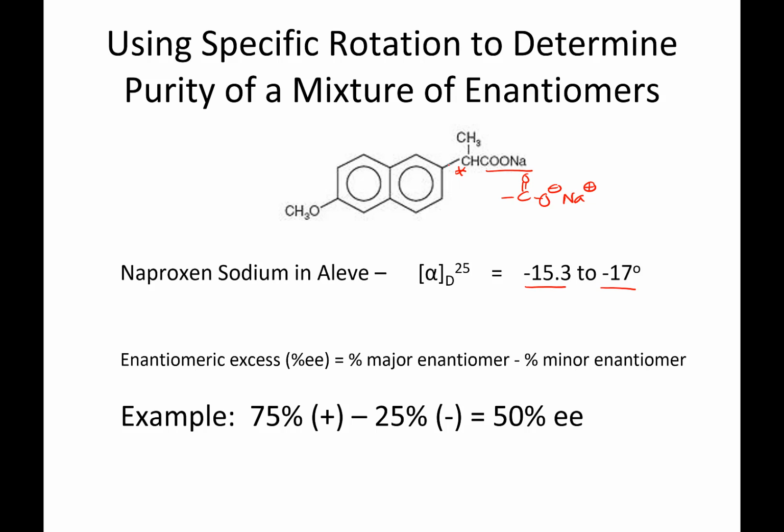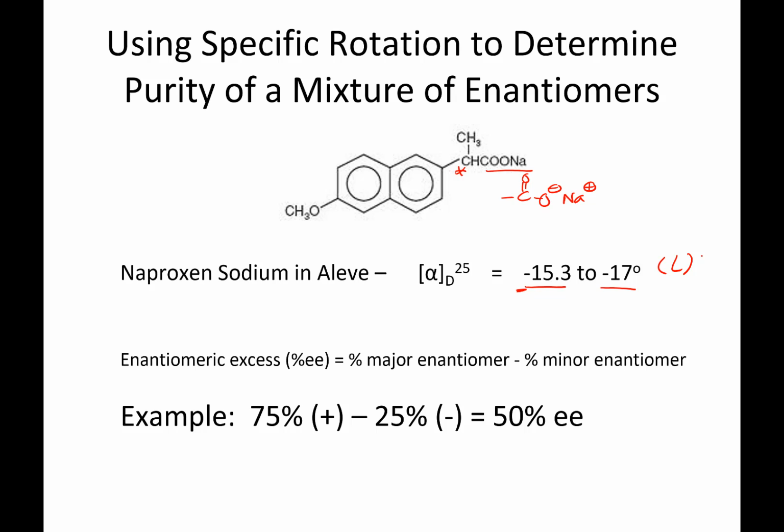So when we buy the Aleve, I believe it rotates negatively, which means this is the L form. So we take the L form of Aleve if we take an Aleve tablet. The D form has some kidney toxicity issues, and so technically it should not be there.